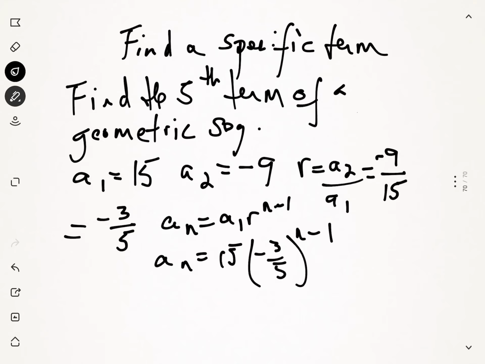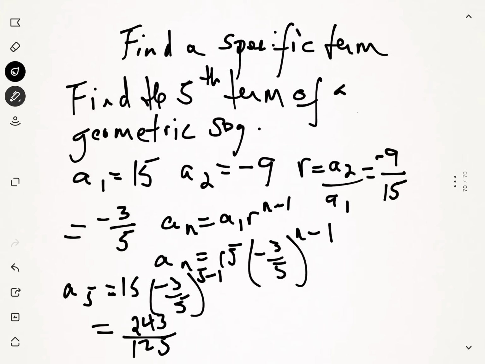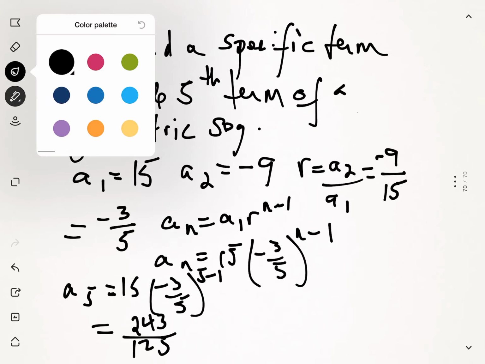So we get our fifth term, 243 divided by 125. I want to show you how this ends up looking.